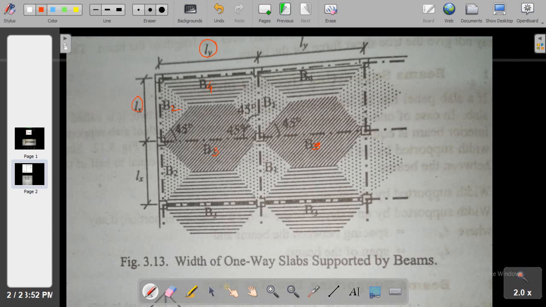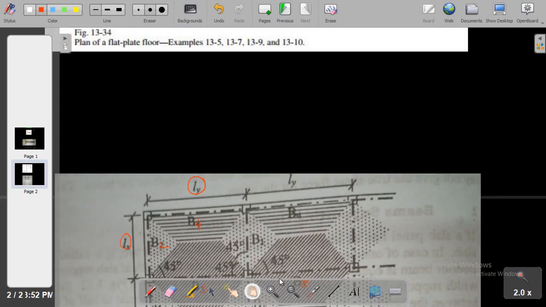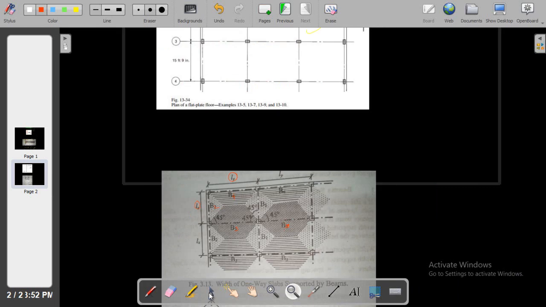But in a two-way slab system, the load is distributed in 4 directions. It must be remembered that the load is distributed in this direction, in this direction, in this direction, similarly in this direction.